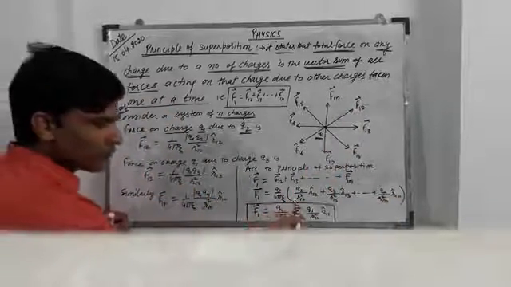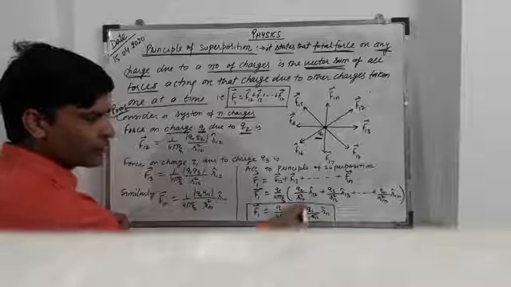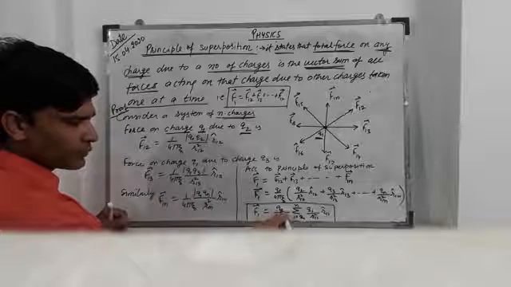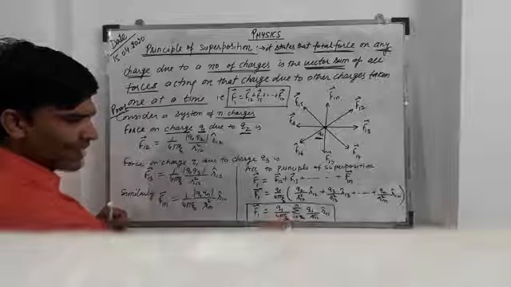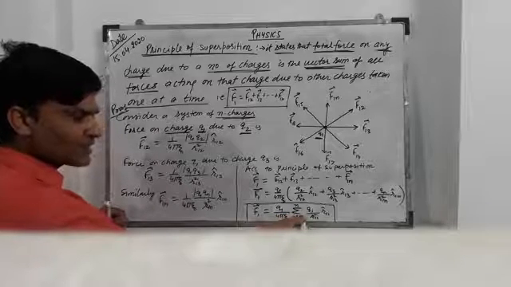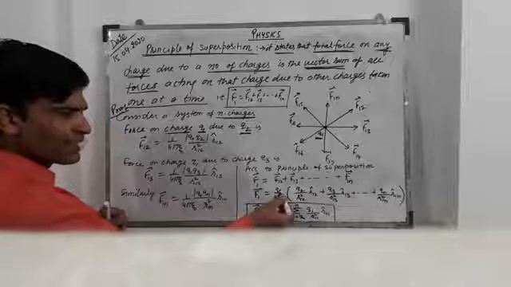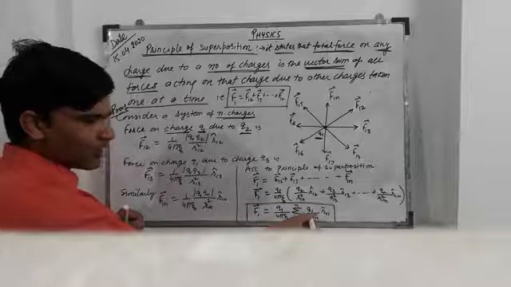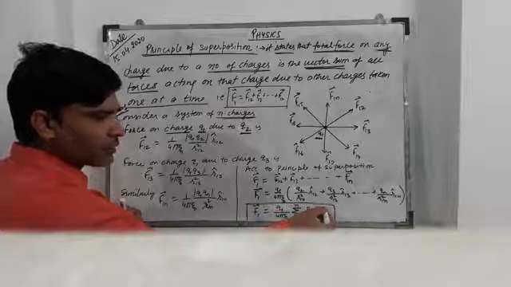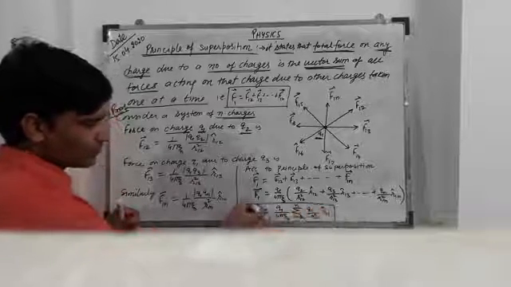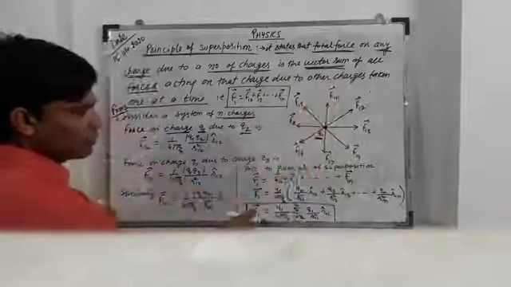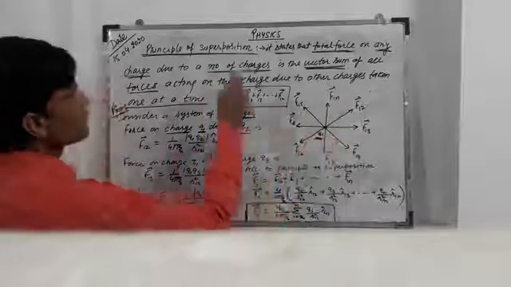Then we give the summation to this expression, that is, F1 is equal to Q1 upon 4 pi epsilon naught summation i equal to 2 to n. This summation starts from 2 because Q1 is excluded. Qi upon R1i square, R1i unit vector. In this way we get the total force on charge Q1.